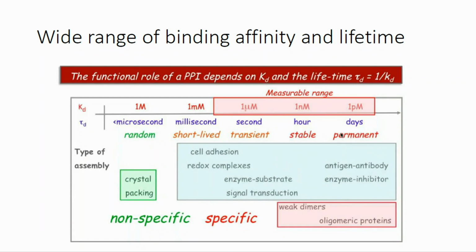Similarly, for example, in the transduction of signals, in signal pathways you have receptors and signal carriers. Sometimes you just want to trigger a signal for a very short term, like a few seconds, and that's enough to open up the pathway and pass this signal on. So that kind of interaction is also transient.